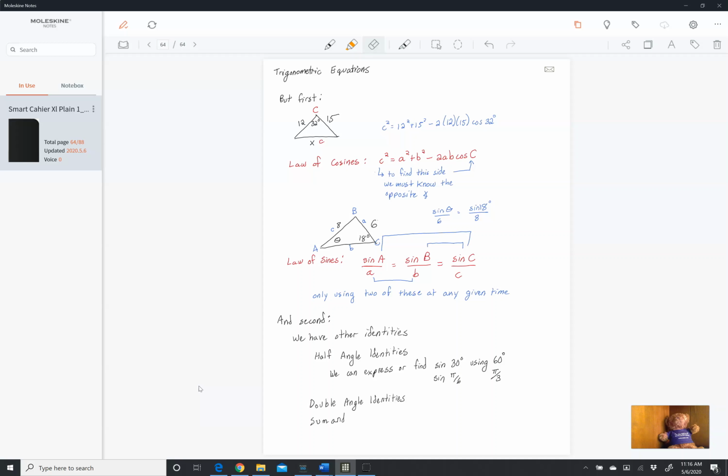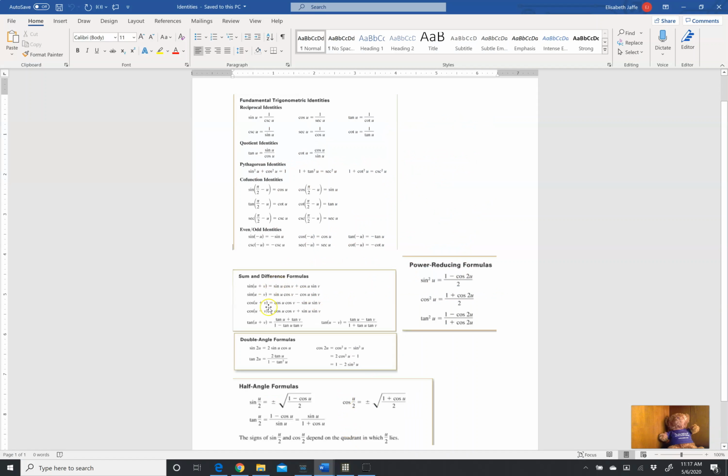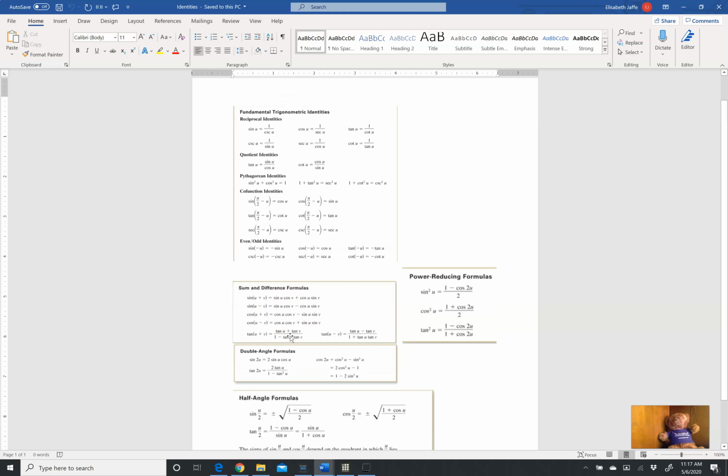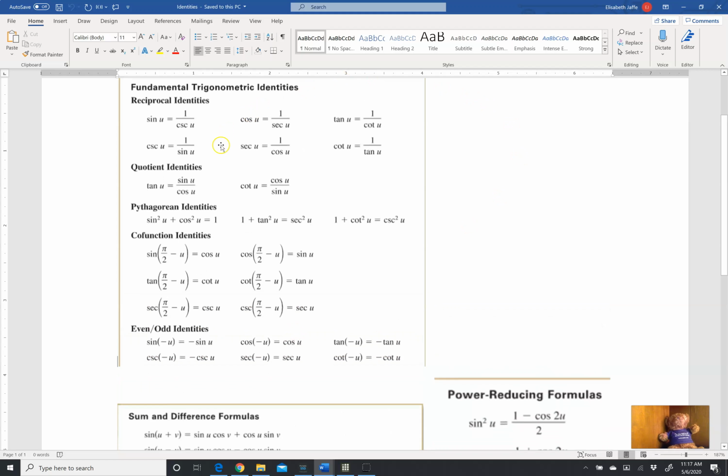And when I say angles that we know, what I mean is angles that we know the exact values of. So these would be the other identities. Okay, so we have sum and difference identities. These are the ones that we talked about.